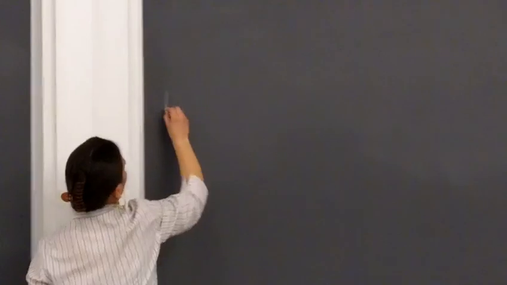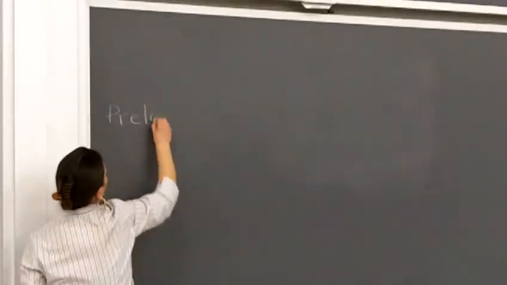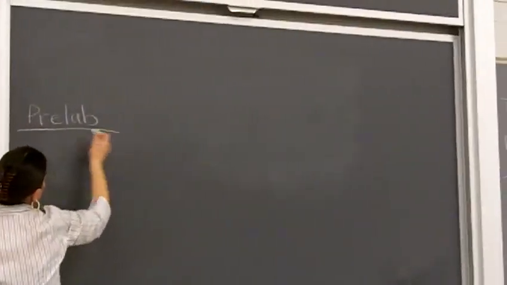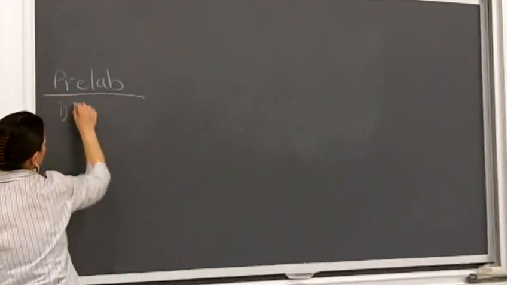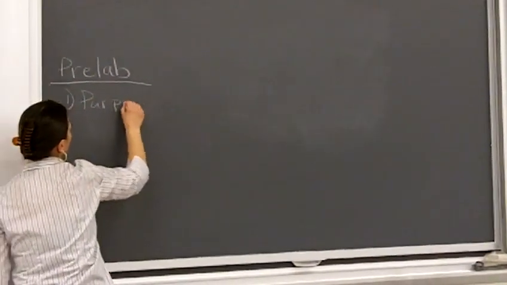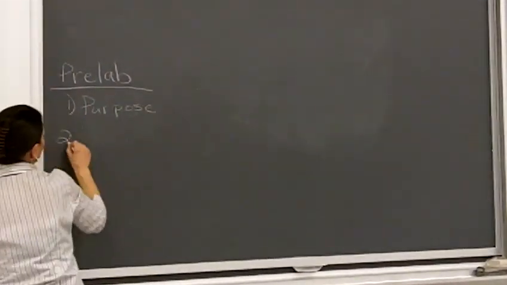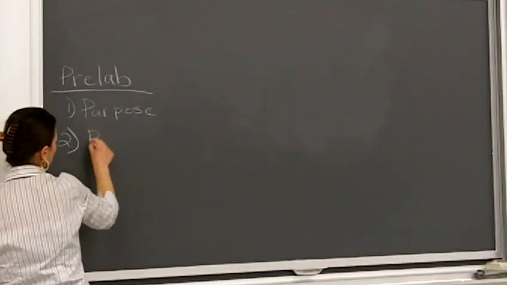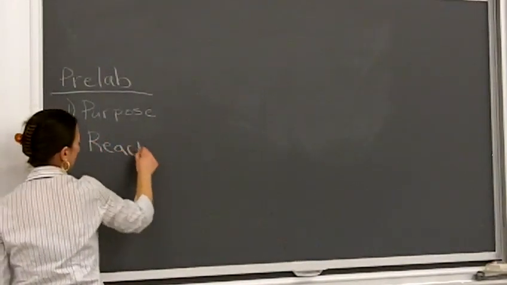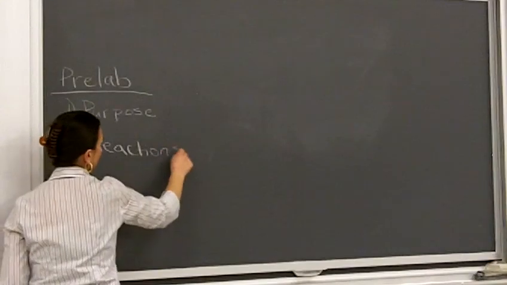Okay, very last piece that you need for the pre-lab. It's a lot like experiment 6, all right? So you're going to need a purpose. You will need the reactions for the new reactions that you have for this experiment.